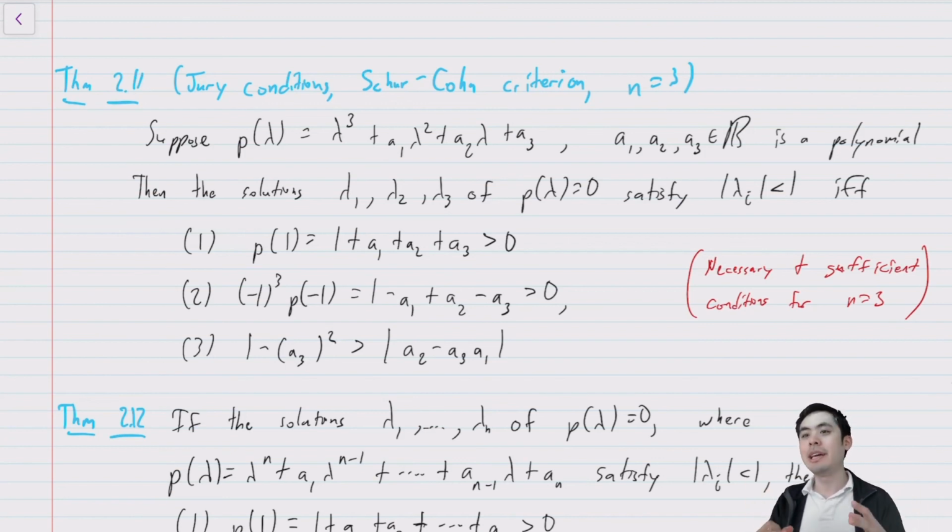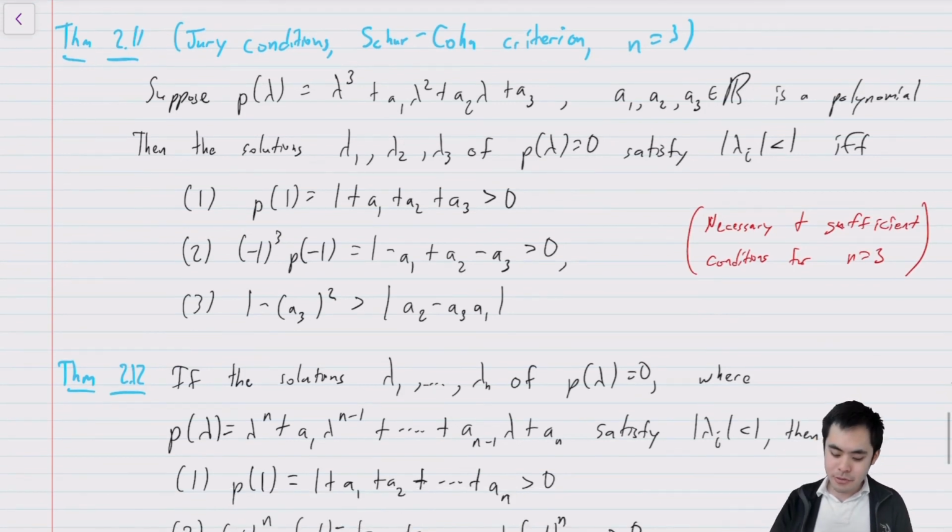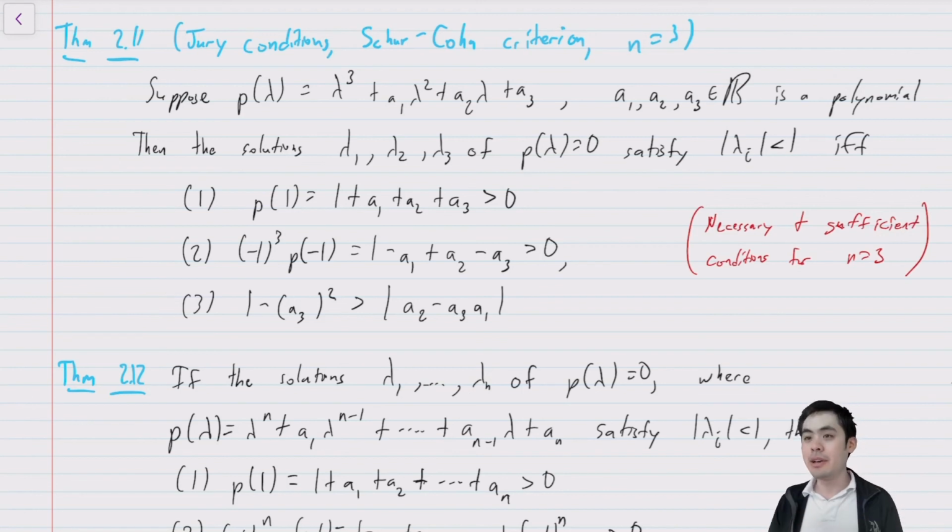It's a very long case-by-case analysis, and you can show that if these 3 conditions are the case, then all the eigenvalues have |lambda i| less than 1. And you can say this in general for a polynomial. You don't have to say this for the eigenvalues of a matrix. But of course, those are entirely equivalent, since for any matrix you have a characteristic polynomial, and for any characteristic polynomial you can construct a matrix with that polynomial.